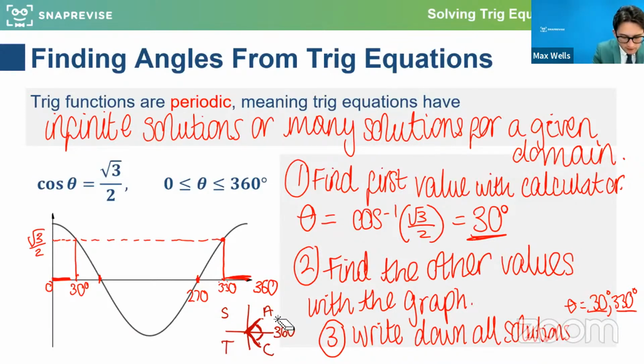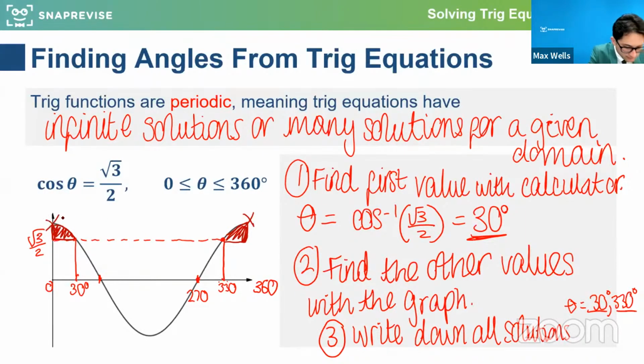Okay, did everyone get that about the CAST diagram? I know I crammed it in very quickly there, but we looked at where it's positive. There were two ways you could have used the graph to get the other value. You could have noticed that this bit is symmetric to this bit because it's at a peak here and it's at a peak here. And I know that's 30 away from 0.